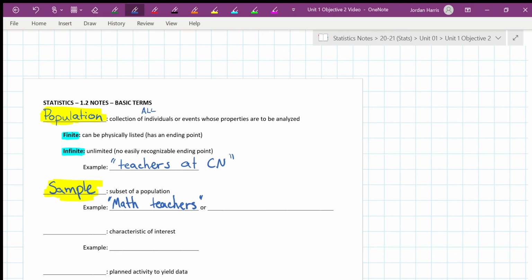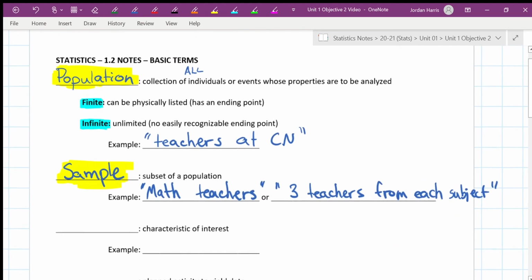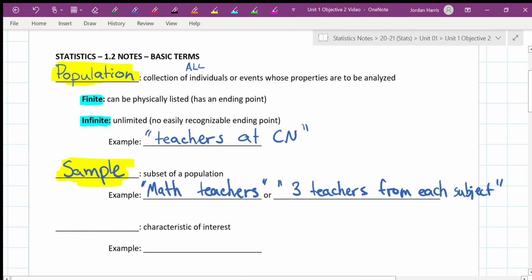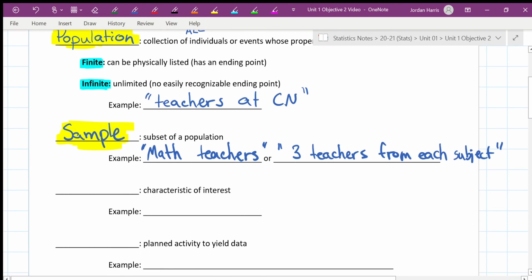But if we're talking about all of the teachers at Clovis North, we'd probably do something like 3 teachers from each subject. It's not the best still, but it's a much better way of sampling, right? We're going to get a little bit of each type of subject. So that would be the sample.